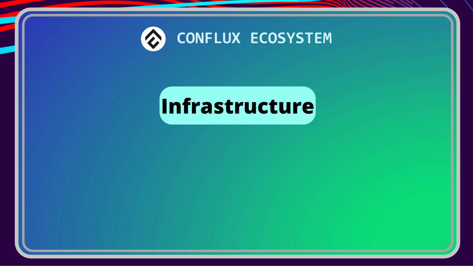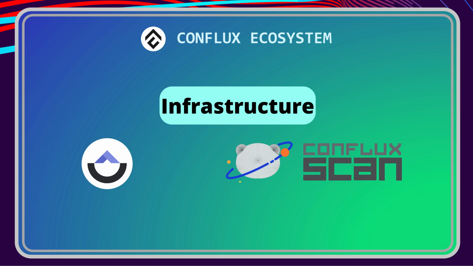Then another very important part of the ecosystem is the infrastructure. There you can see the logos for Conflux Hub, which is our main bridge. ConfluxScan is one of the most important tools you need to know about. It's a great tool, and it allows you to analyze and get very valuable insight about what's happening with the network, with transactions, with contracts, and it is also a key tool to deploy and verify contracts.